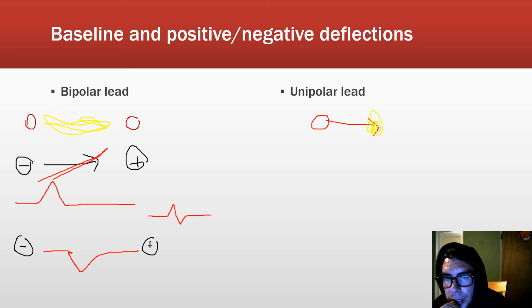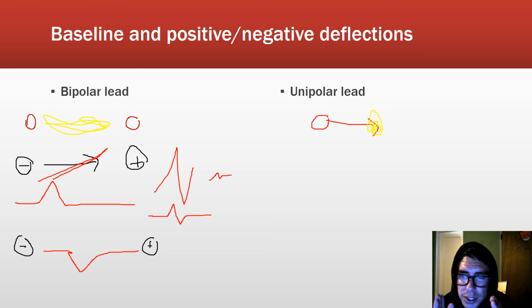We'll talk about that later, but the whole size of the deflection will be smaller. Instead of a big one like that, you might see just a small little one, and that's because it's not coming straight at it, it's at an angle, but still coming kind of towards it. And then if it's completely sideways, you might not see it at all. It might just be a flat line like that.